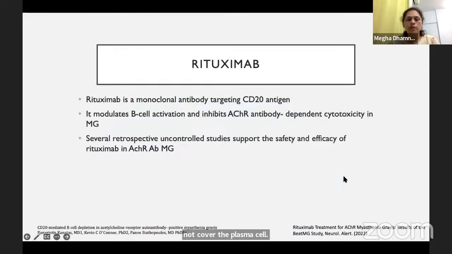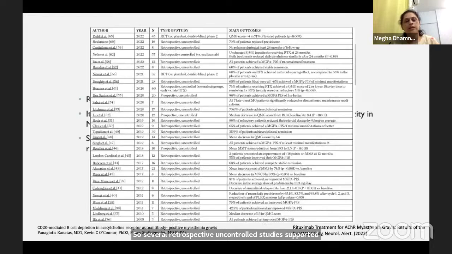So rituximab is a monoclonal antibody targeting the CD20 antigen, and it modulates the B cell activation and inhibits the acetylcholine receptor antibody-dependent cytotoxicity. So several retrospective uncontrolled studies supported the efficacy and the safety of rituximab in myasthenia gravis.